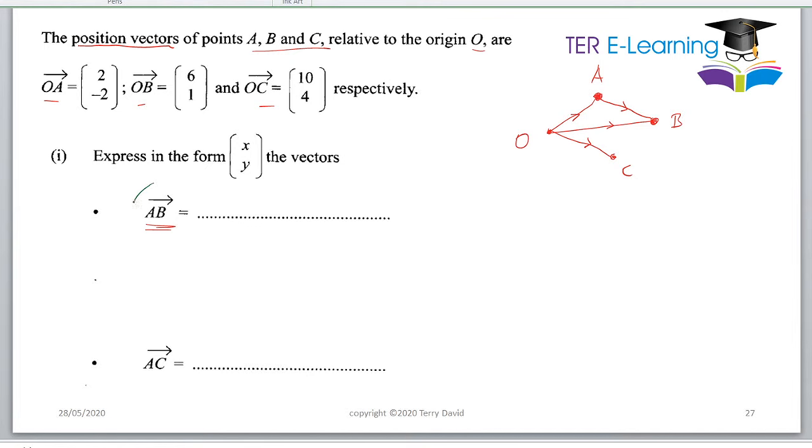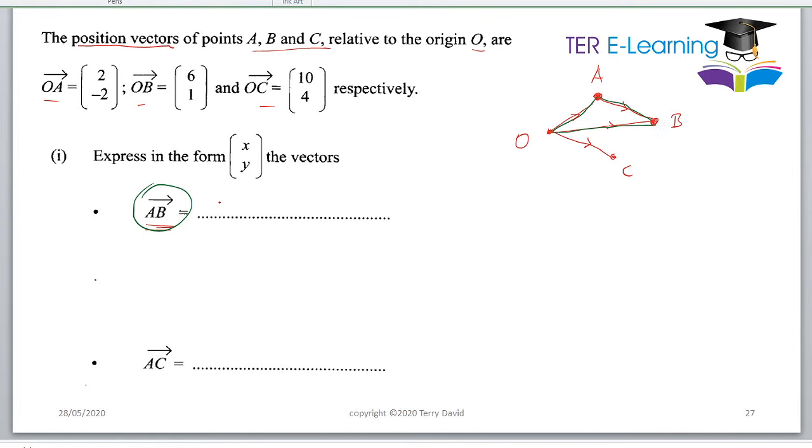So you want to find the vector AB, so you want to get this vector here. What is AB? In order to go from A to B, I can go from A to O and then from O to B. This is an important principle I'm showing you here.